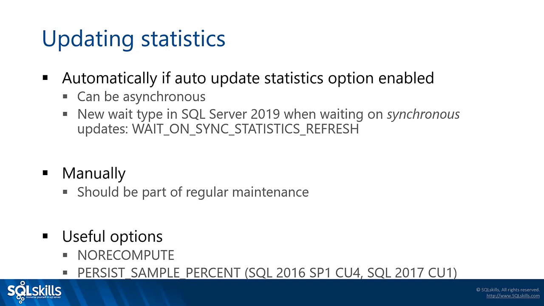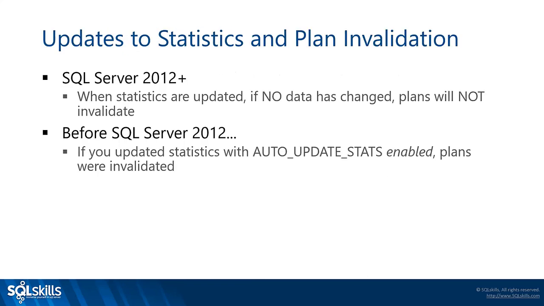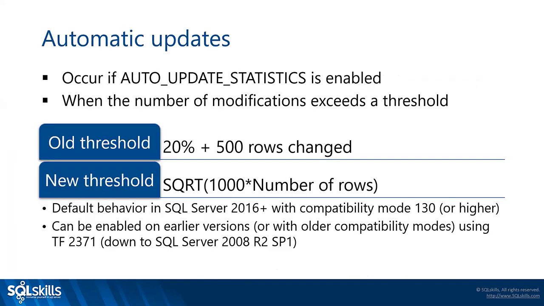Okay, so let's jump to a few other questions. So is the auto update stats behavior now tied to database compatibility level in 2016 or higher? An example, for folks who run a DB in, say, 2008 R2 compat level on a 2016 SQL Server. Yes. So here's the threshold as a reminder, right?